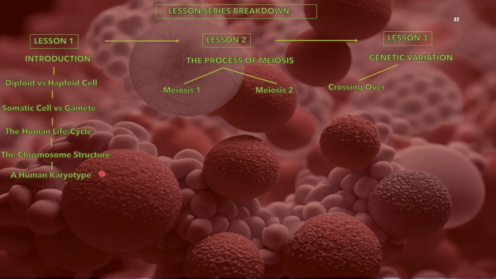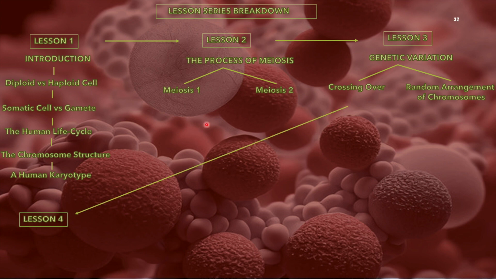We will be looking at crossing over as well as random arrangement of chromosomes. In the 4th and final lesson, we will be looking at abnormal meiosis. Under abnormal meiosis, you are only prescribed to know about non-disjunction. Okay, without wasting any more of your time, let us go straight into the lesson.